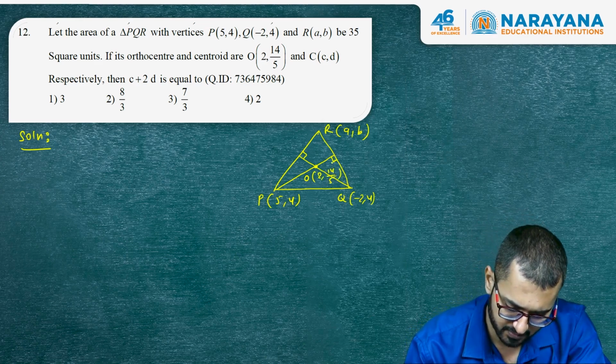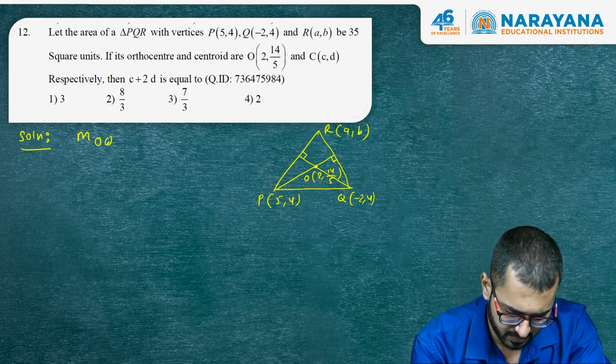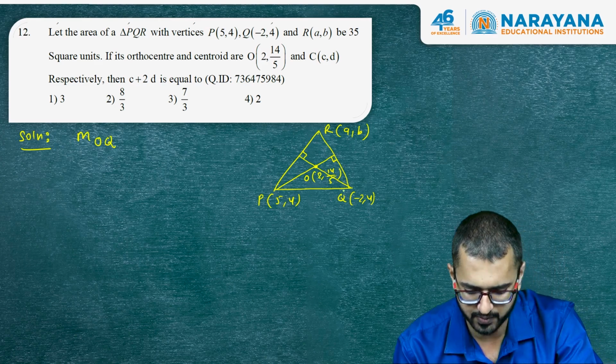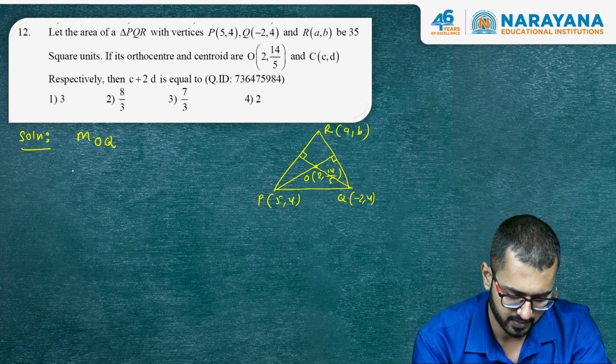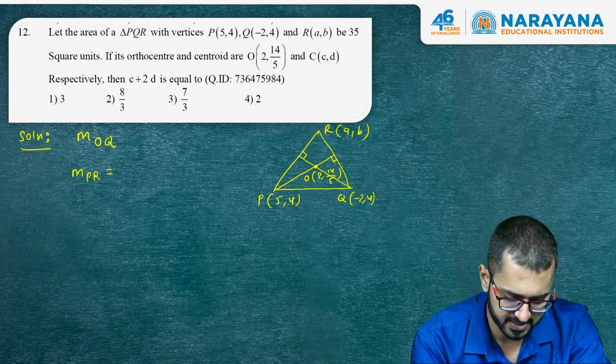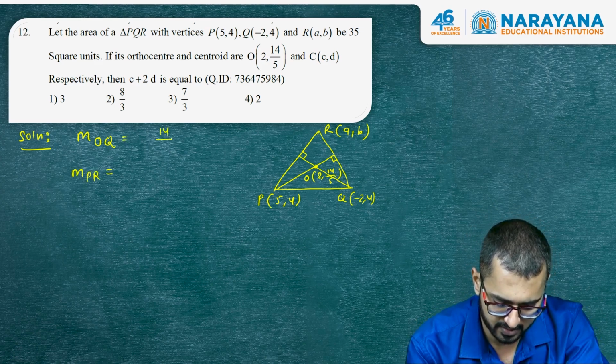So yes, let's find out. First we will find the slope of OQ. Once we get the slope of OQ, that means we got the slope of PR. This is for getting the slope of PR basically. m of OQ will be y2 minus y1 over x2 minus x1.